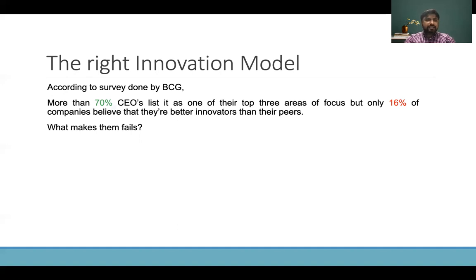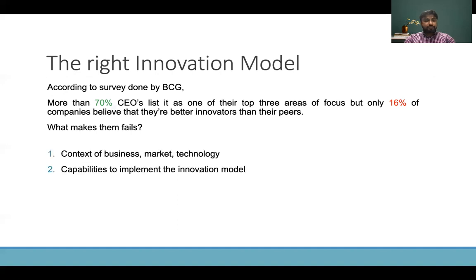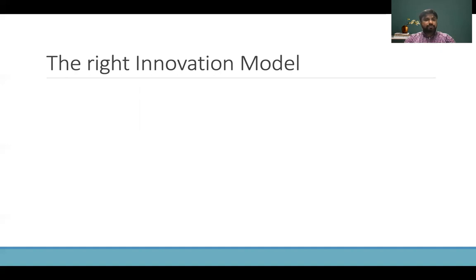Which areas did they neglect or overlook before selecting the right innovation model? We identified two main things that we should focus on: the context of the business, market and technology, and the capabilities to implement the innovation model.